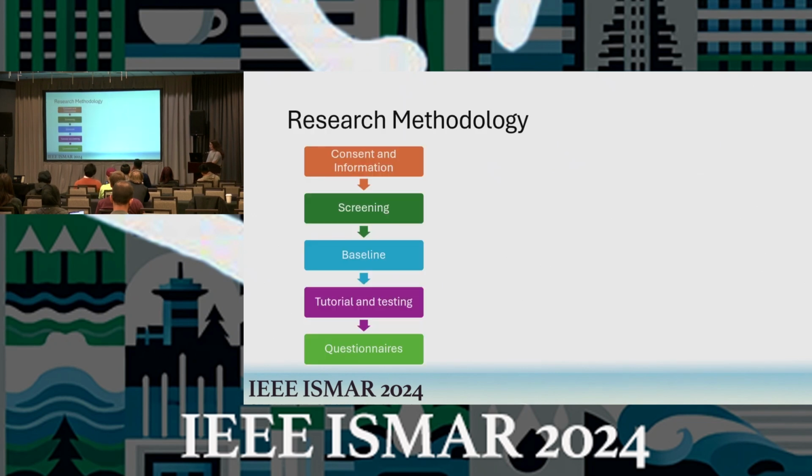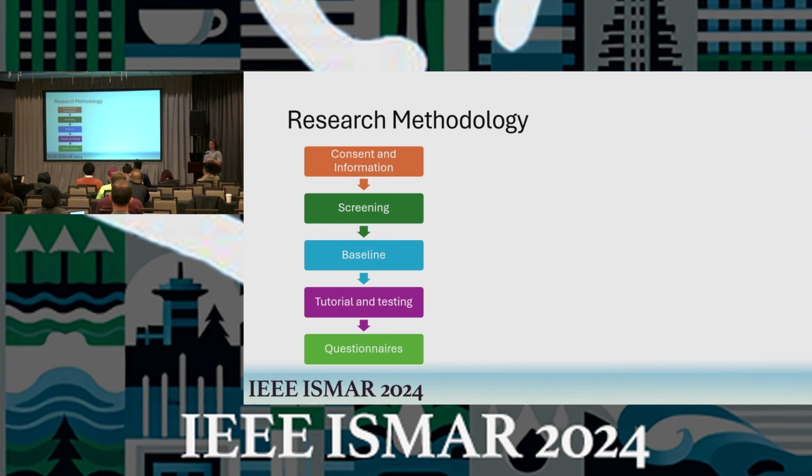Okay, so in terms of the research methodology for my study, I had 5 different phases, so it's pretty much similar to the other works here from today. I got consent and information from participants. They also went through a screening stage because I'm talking about perception, so we need to be sure that all participants will be able to perceive the auditory information.